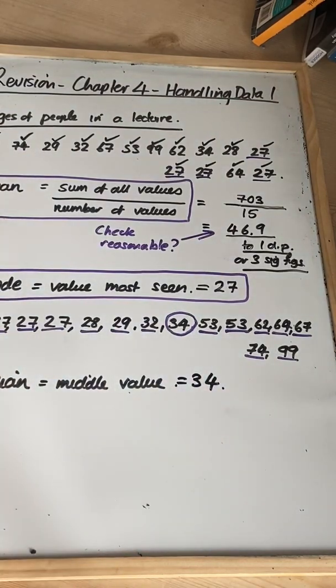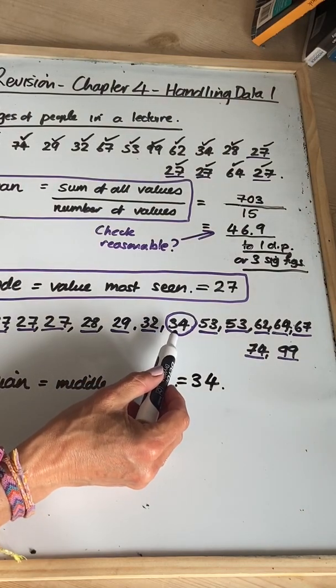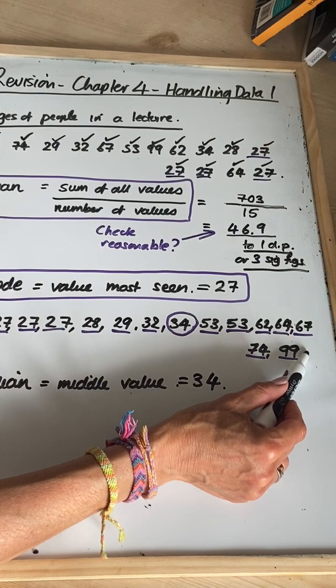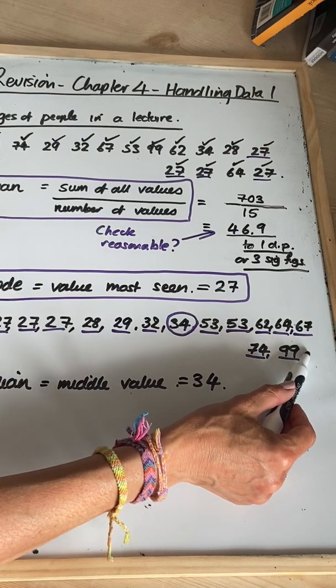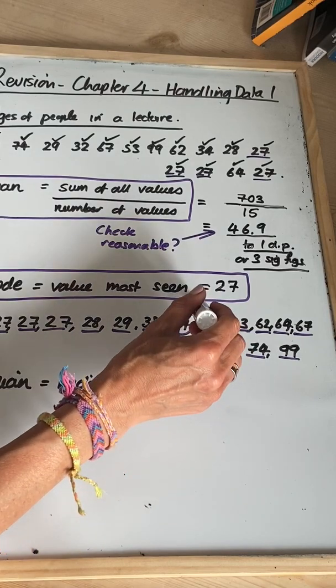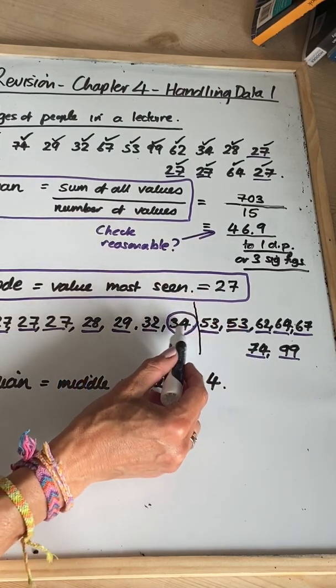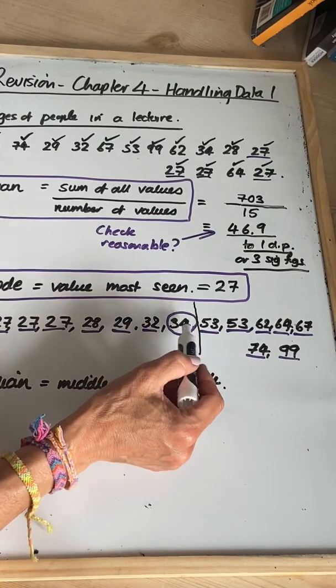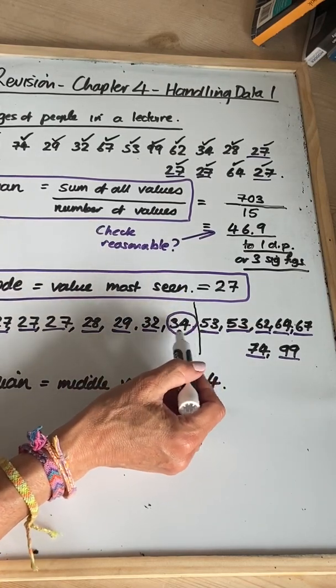If you had an even number of data items, so let's just say that we had one more data item on the end, we'd have 16 data items, and our median would therefore fall between those two values. If that was the case, you just need to find the halfway point between those two.